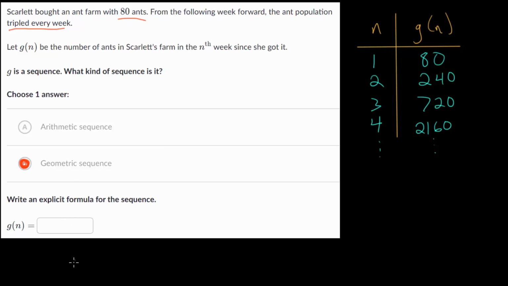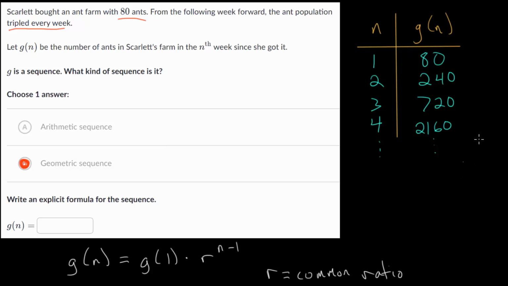So in explicit formula, g of n, it's always going to be equal to the first term of the sequence multiplied by r, our common ratio, raised to the n minus 1 power. So r is just that common ratio, the number we are multiplying by to go from one term to the next.